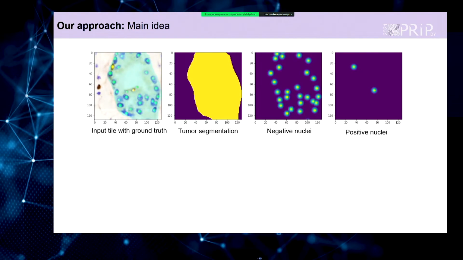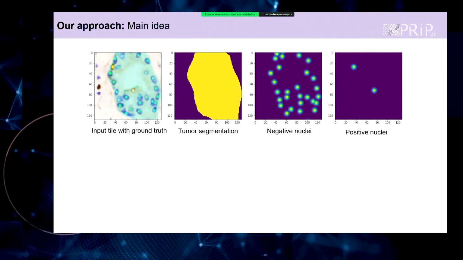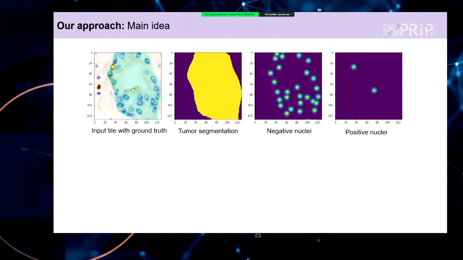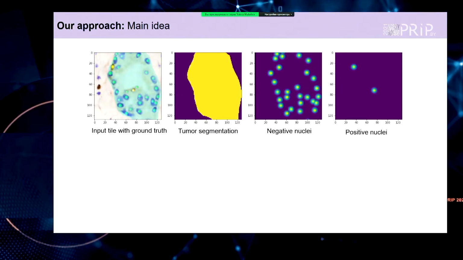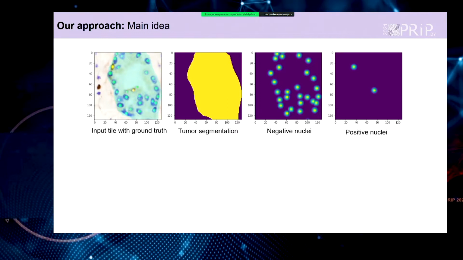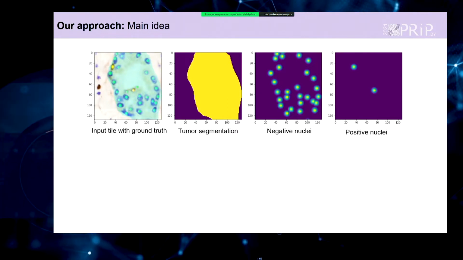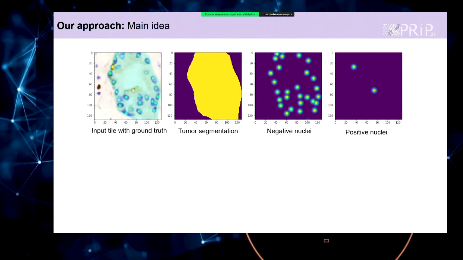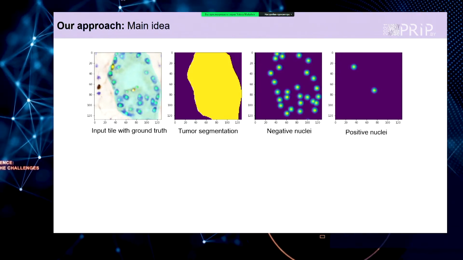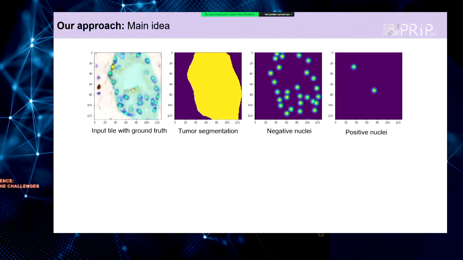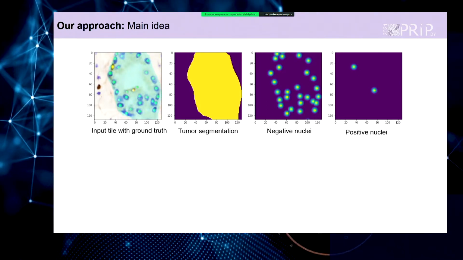There were some other works which did that, but then they decided to go with some automated segmentation and predict those automatically produced segmentations. We think that is not ideal, because we'd better use the original data and predict the original data.